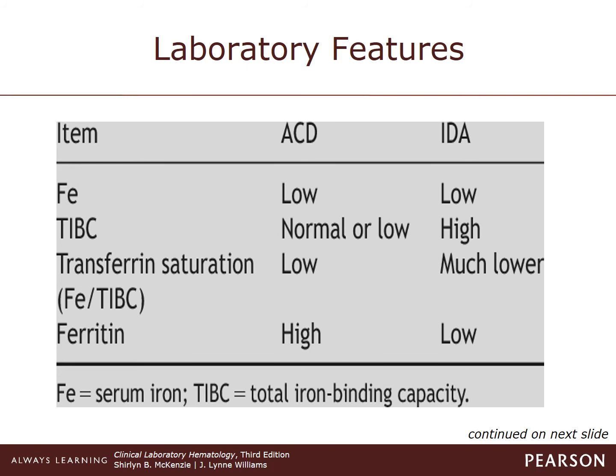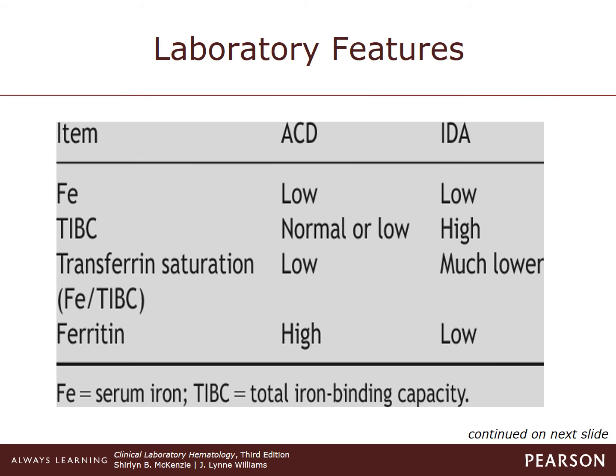The other major distinguishing factor would be the ferritin, where in iron deficiency you don't have any iron stores because they're depleted, so the ferritin level is low, whereas in anemia of chronic disease the ferritin levels are high because the iron is present in storage form, it is just not able to be released from those storage forms.